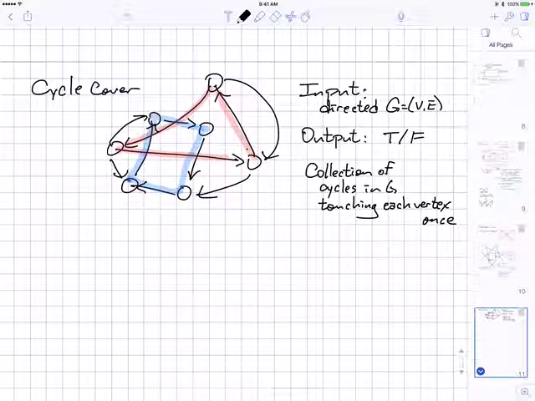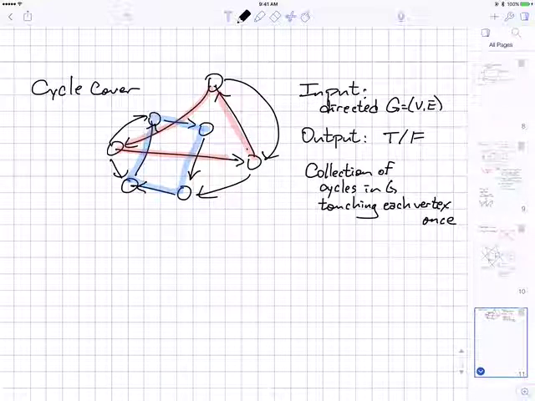Is there a hint? Bipartite matching. Okay, so there's a hint, something about bipartite matching. So, what am I matching to what? Maybe a slightly different way of saying the same thing.